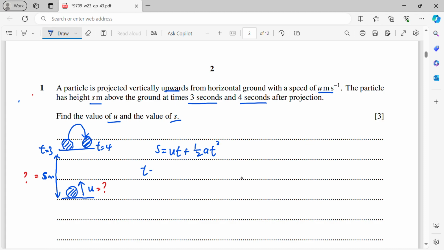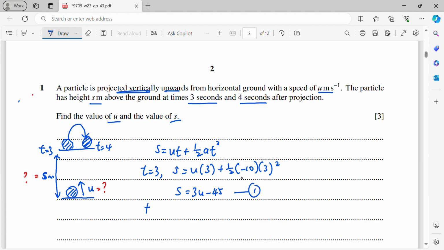When t equals 3, the distance is s, and the u remains. I replace the t by 3, plus half a, where a is minus 10 because it was projected upwards. Then the t is 3, and you square it. From here, I will be getting s equals 3u minus 45 as the first equation.